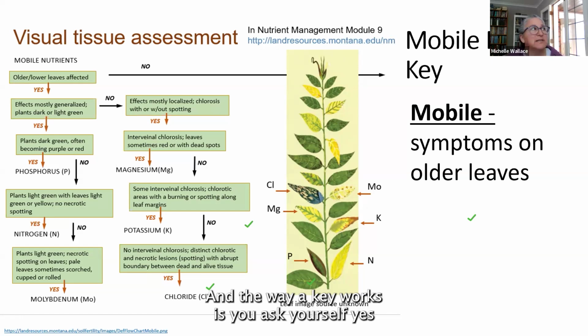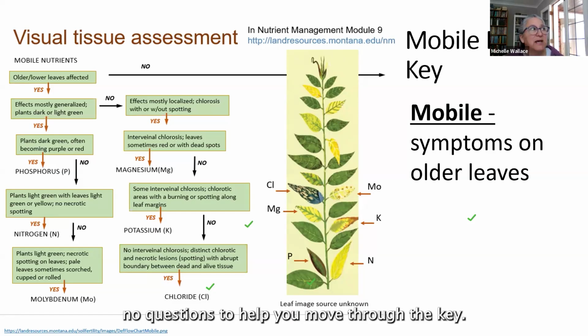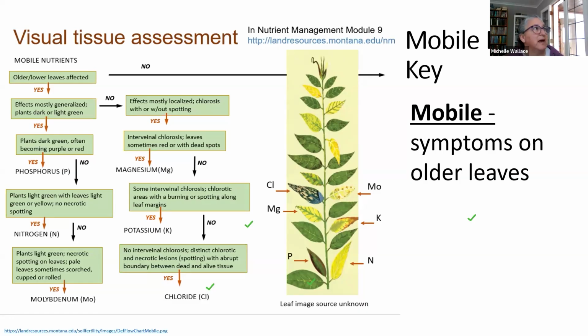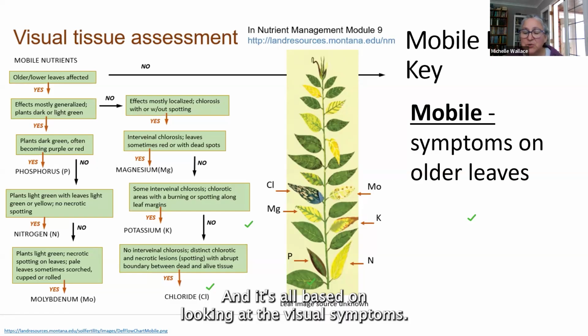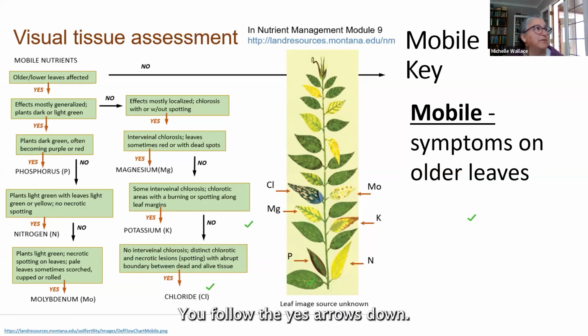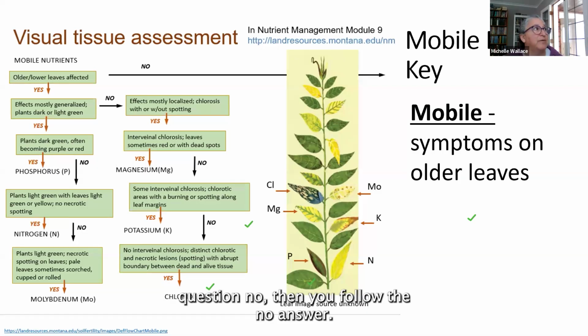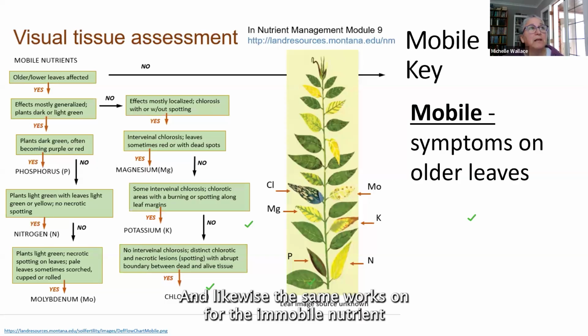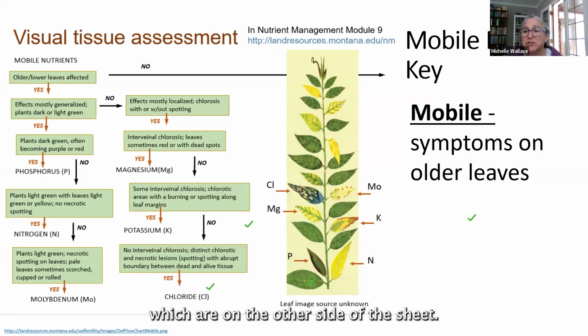And the way a key works is you ask yourself yes, no questions to help you move through the key. It's all based on looking at the visual symptoms. When you answer yes, you follow the yes arrows down. If you answer the question no, then you follow the no answer. And likewise, the same works for the immobile nutrients, which are on the other side of the sheet.